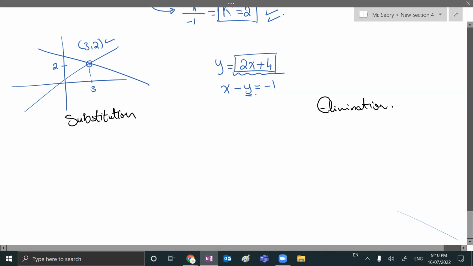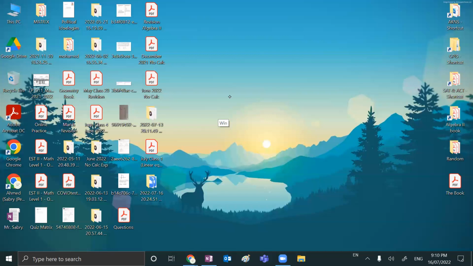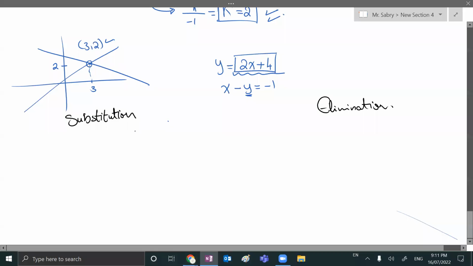So I'll have here x minus, and I'll open a bracket and put 2x plus 4 and then close the bracket. And then all of this is equal to -1.